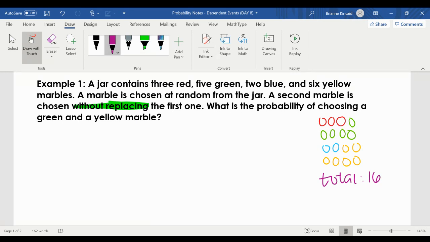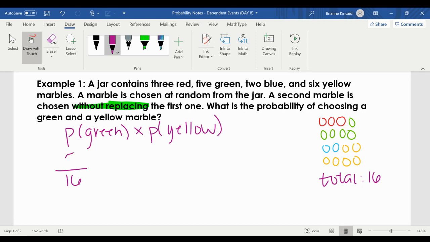So here's what we do this time. I start it the same way. Probability of green times the probability of yellow. Looking at my sample space right now, I have 16 marbles. Of those 16 marbles, 5 of them are green.